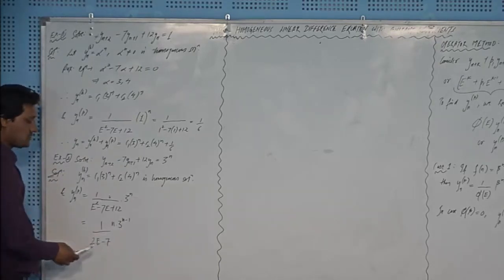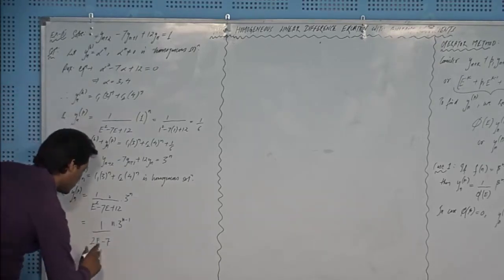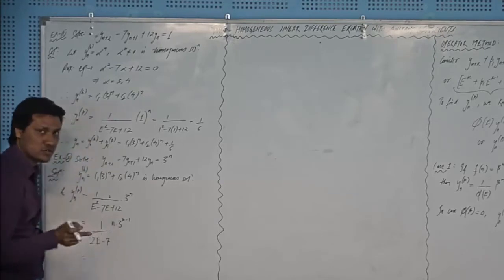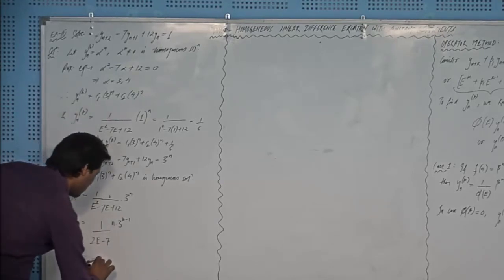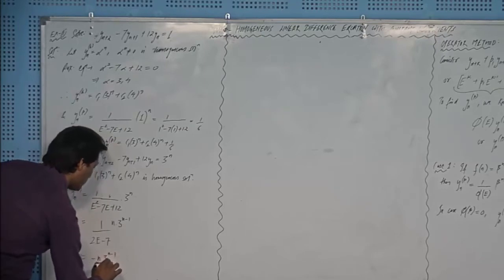Now try to plug beta here: 2 into 3 minus 7. Now I am not getting 0. So 2 into 3 minus 7 is 6 minus 7, that is minus 1. So ultimately the answer will be minus n times 3 to the power n minus 1.